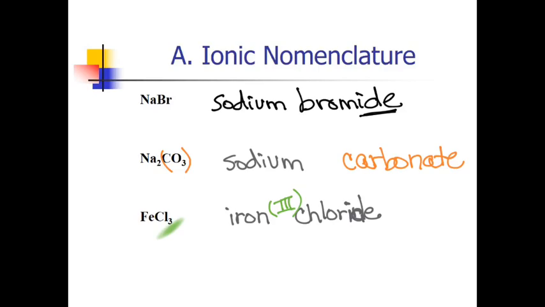Step number 1. Write a box above your metal. Step number 2. Above your anion, write its common charge. The anion's at the end, that's the chloride ion.